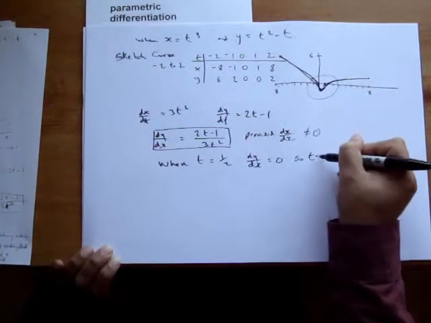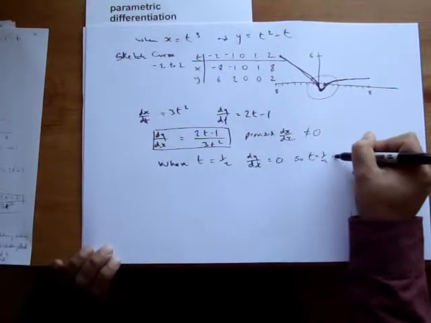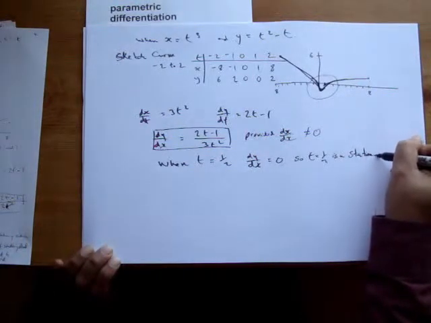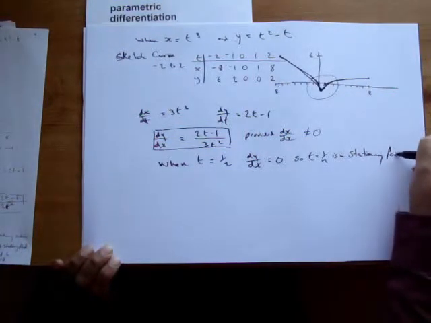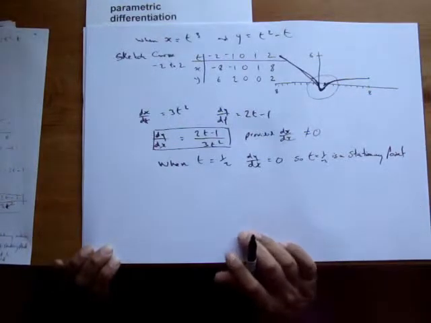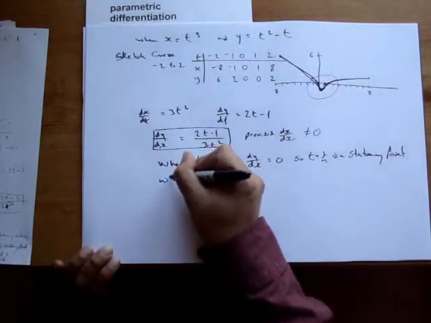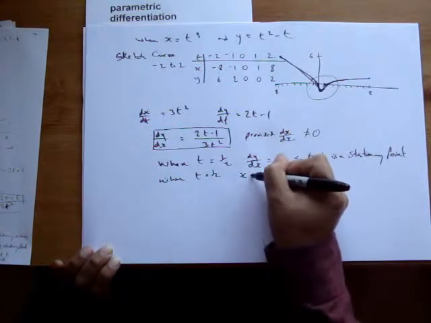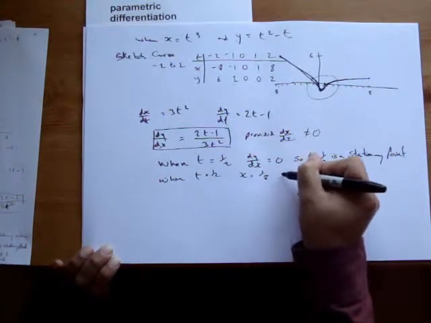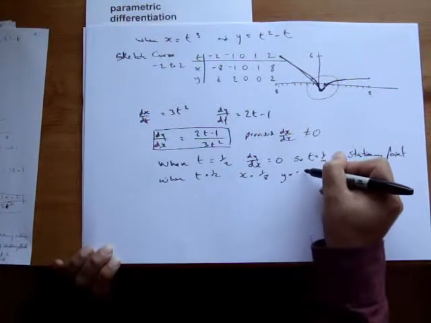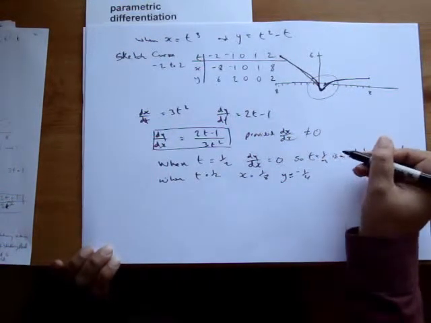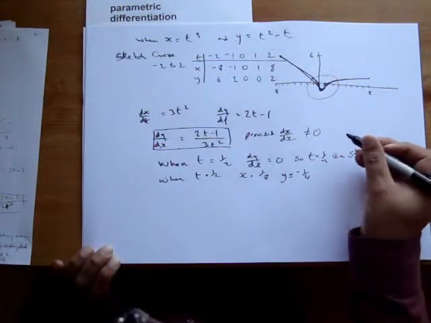So t equals a half is a stationary point. Also, when t equals a half, x equals 1/8, y equals -1/4, and these are the coordinates of the stationary points.